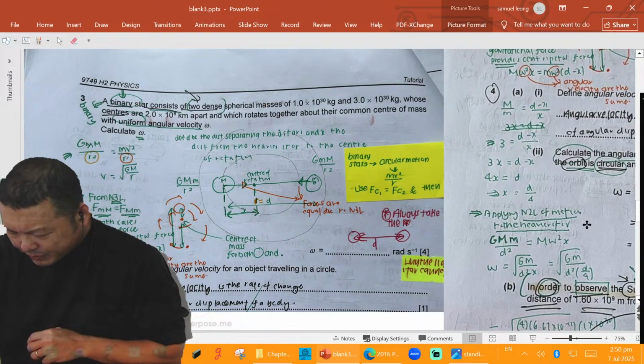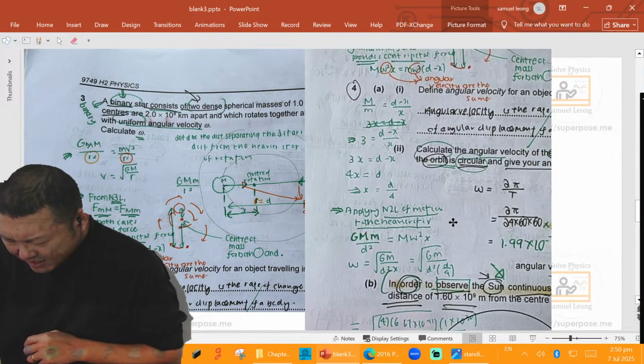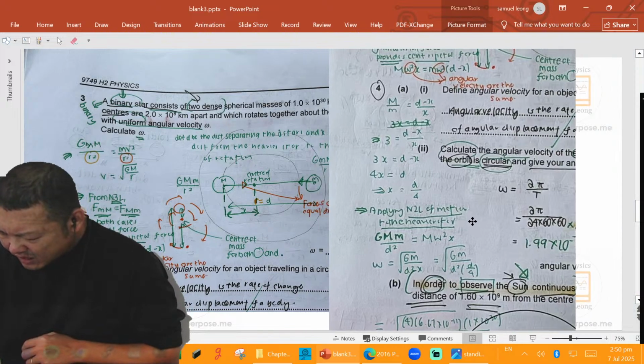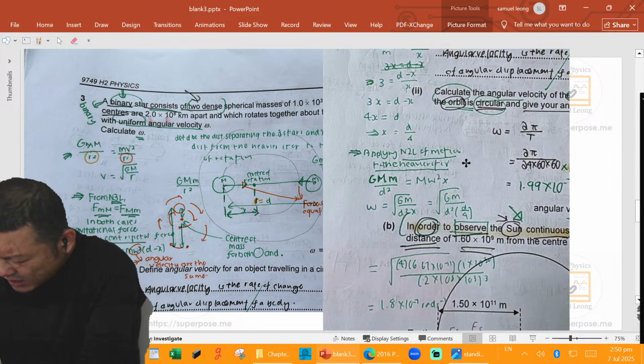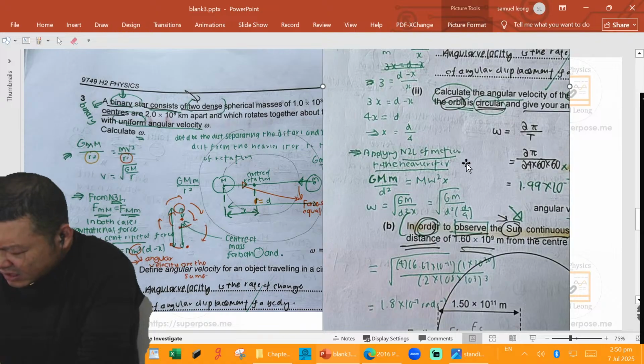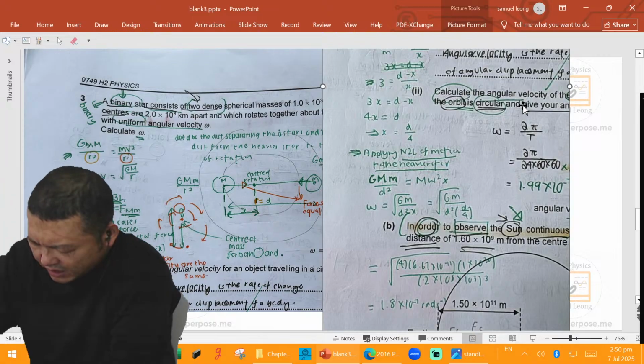I'm so sorry, what are we trying to find? Angular velocity, yeah. Oh, okay.